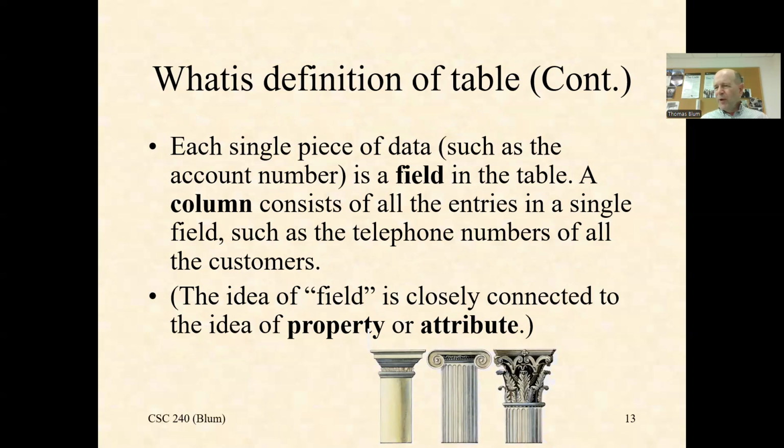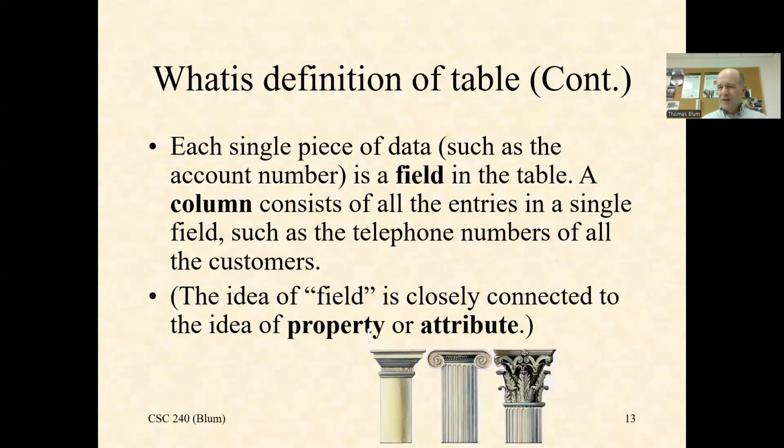So in this picture of a table, if we're going across all the information related to Mary Jones, then that is the row or the record. If we're thinking about the individual property, then we start talking about field or column.